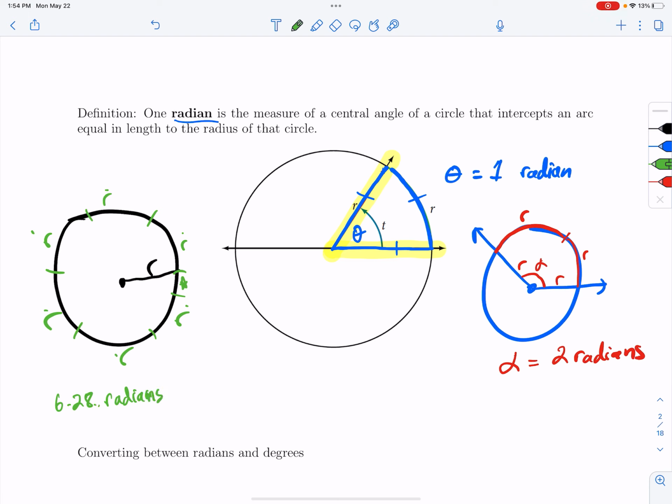That's not exact, but it is equal to 2 times pi. Remember, pi is roughly 3.1415. So I can fit 2 pi radii around any circle. So that's where that measurement for the entire way around a circle comes from.